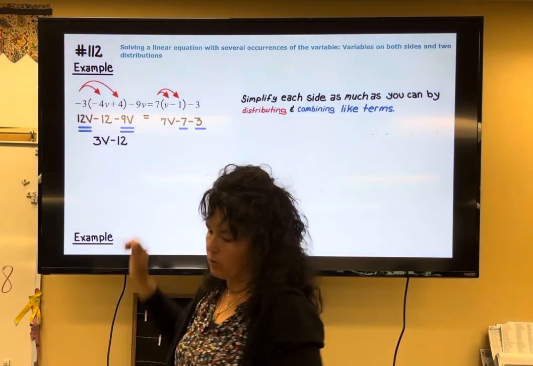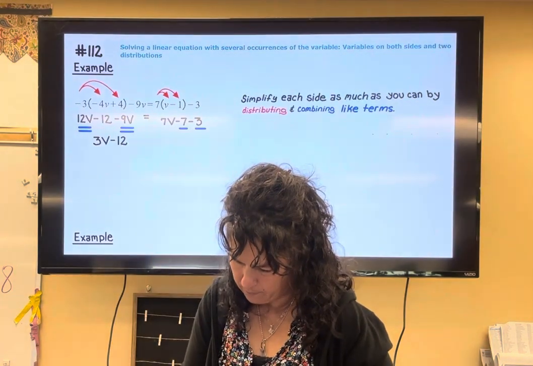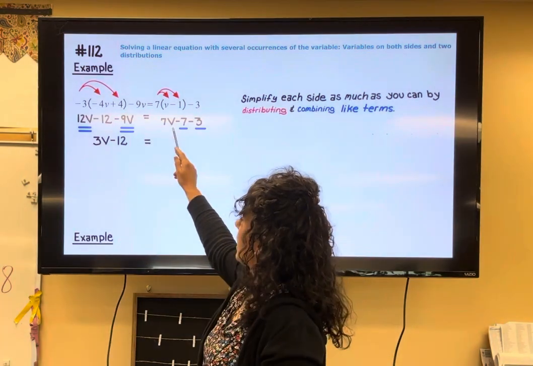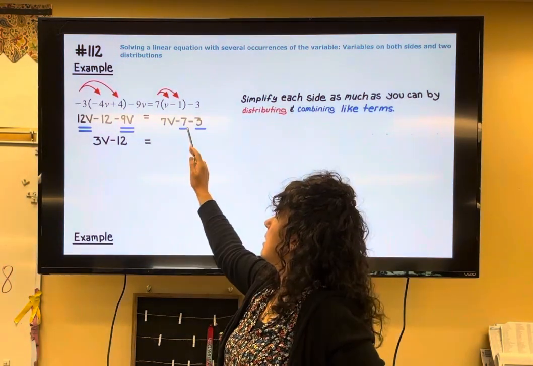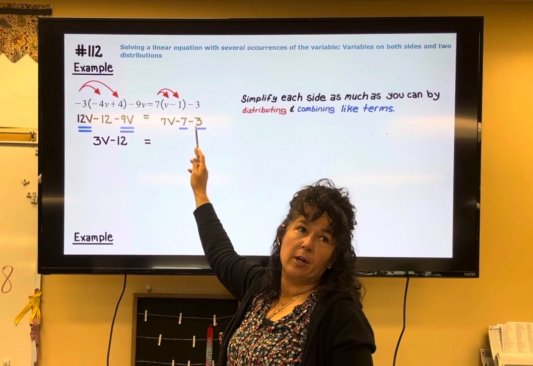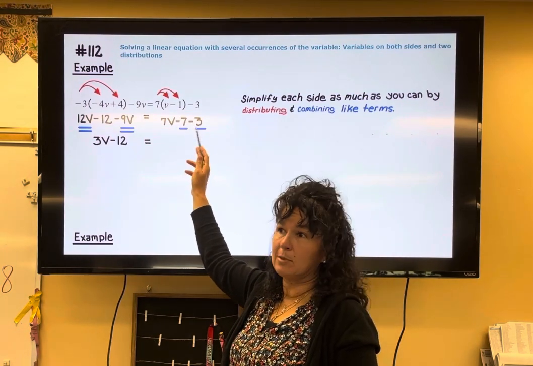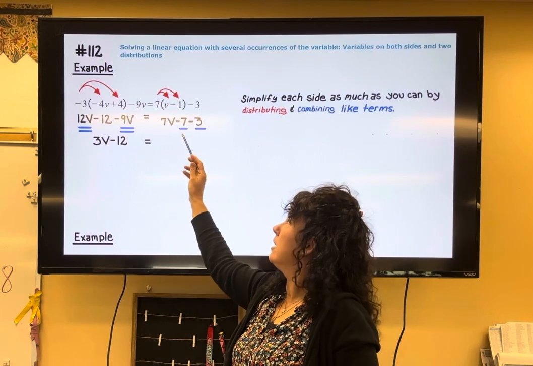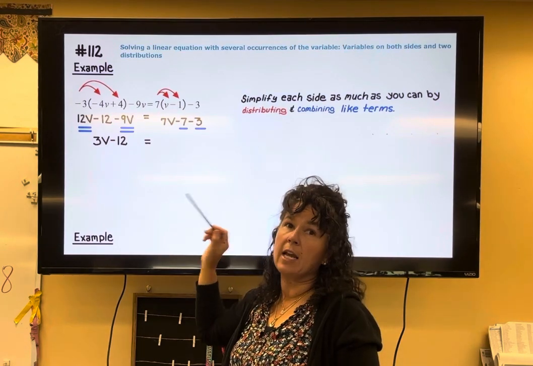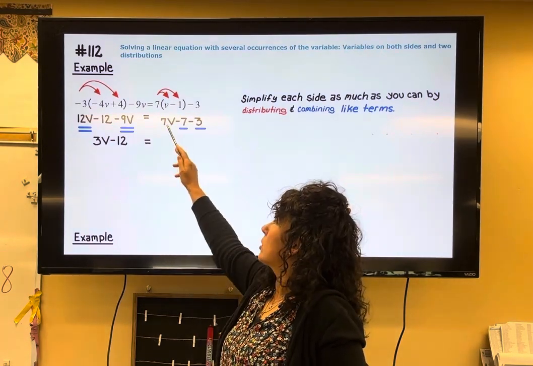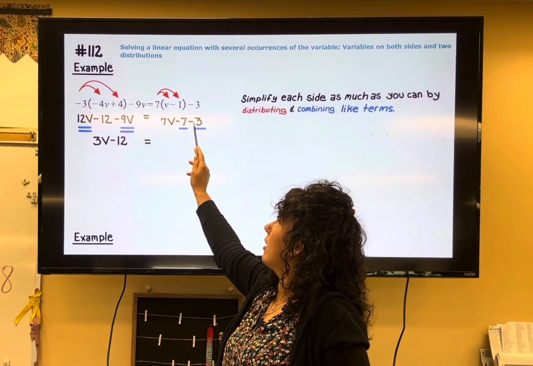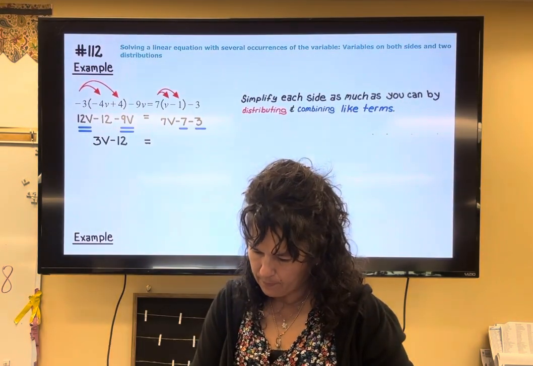I'm going to bring down the equal sign there. And then on the right side, looking for like terms, -7 and -3 are alike. Again, don't try to add 3. These are on the same side. You're just combining. So 7 negatives and 3 negatives make 10 negatives. So I have 7v still, and then I'll have -10.